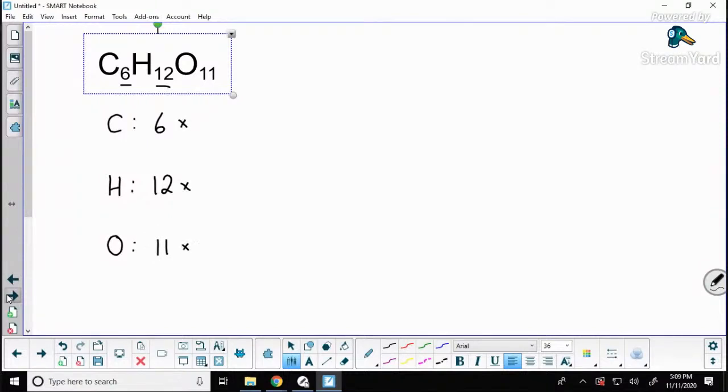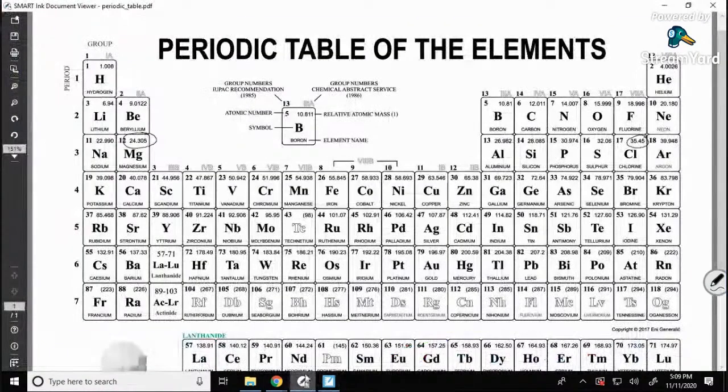The next thing to do is to find their masses on the periodic table. So I'd go back to the periodic table, and carbon is 12.01, hydrogen is 1.01, and oxygen is 15.99.